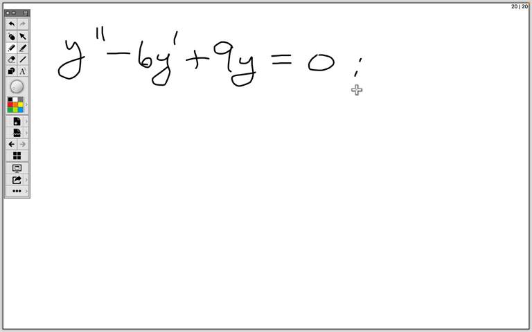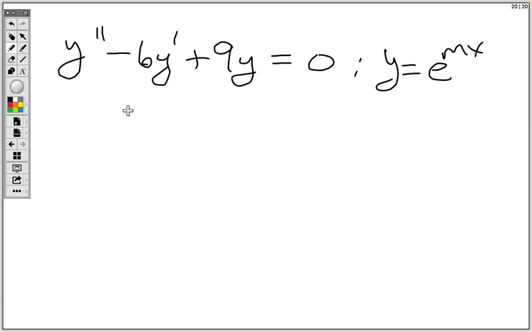All right, once again, we recognize it as a constant coefficient homogeneous differential equation. Constant coefficient means all the coefficients of y and its derivatives are constant. Homogeneous means we've got all the y's on one side equal to 0. So we're going to make the assumption, the ansatz, that y equals e to the mx.